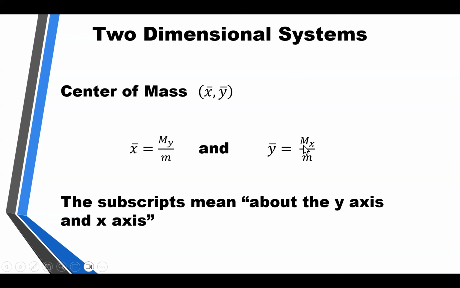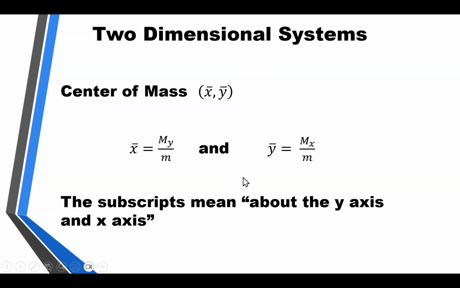On the other hand, m sub x is talking about the moment about the x-axis. If you think about the distance from the x-axis, that gives you a y value. So that's why the subscripts kind of go on opposites.